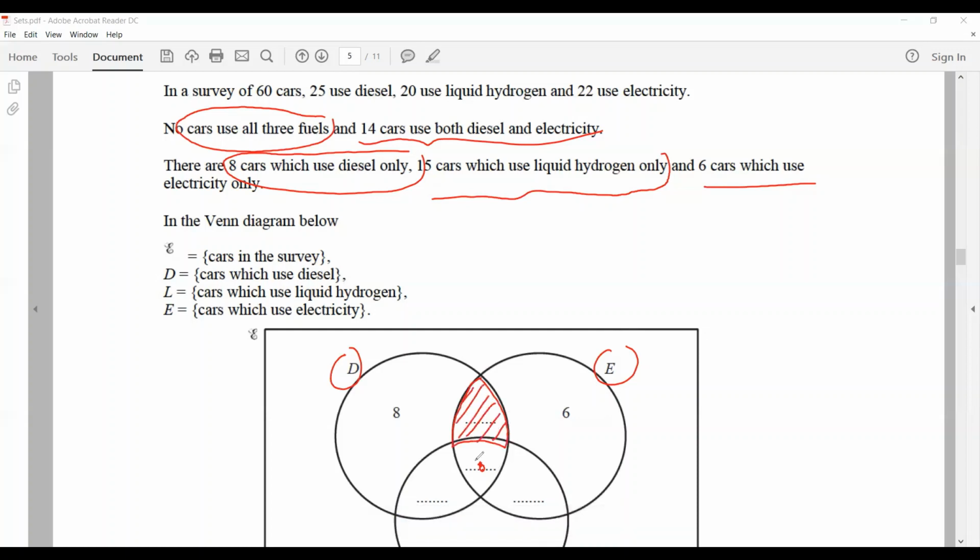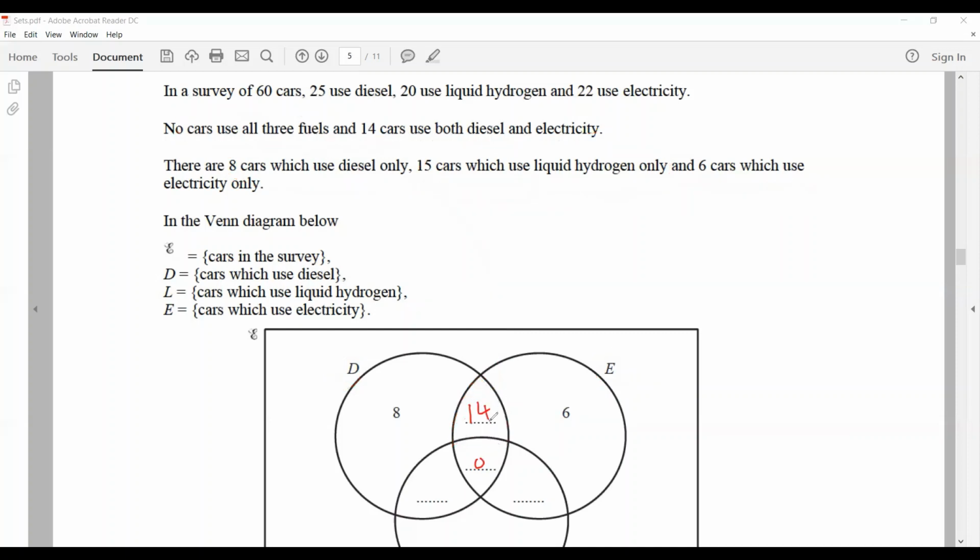You might say, how about the bottom half? Well, this region is being shared with liquid hydrogen as well, so you can't include that. Whenever they say both, they are referring to this region. So 14 belongs here. This is 0, this is 14.